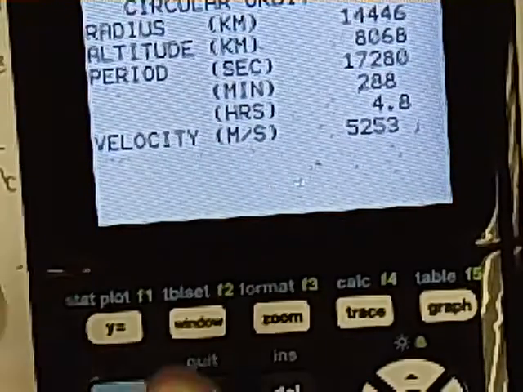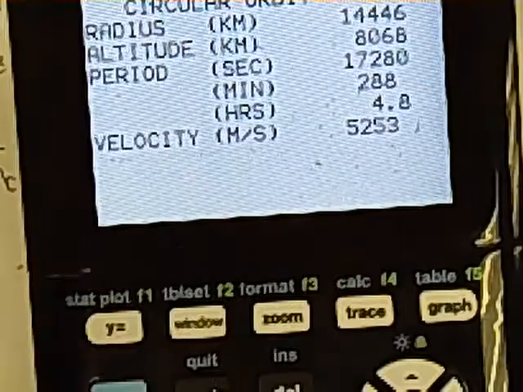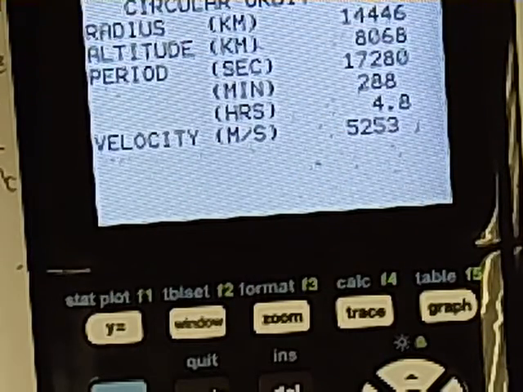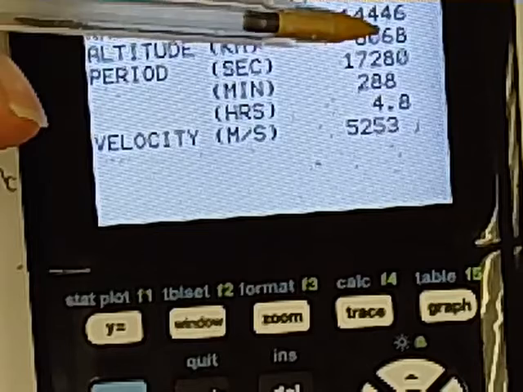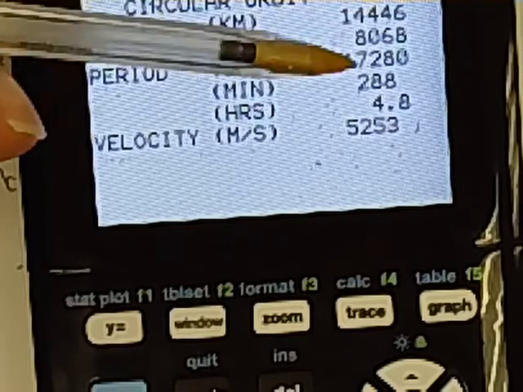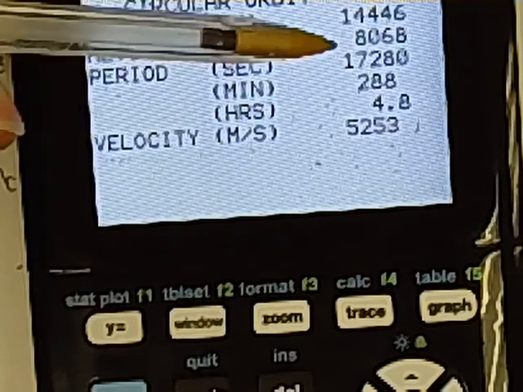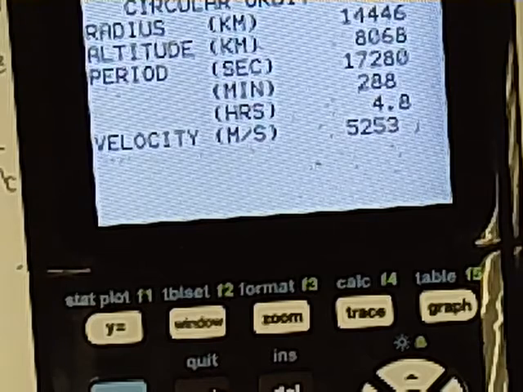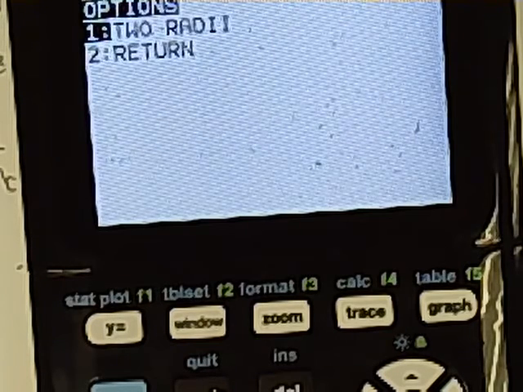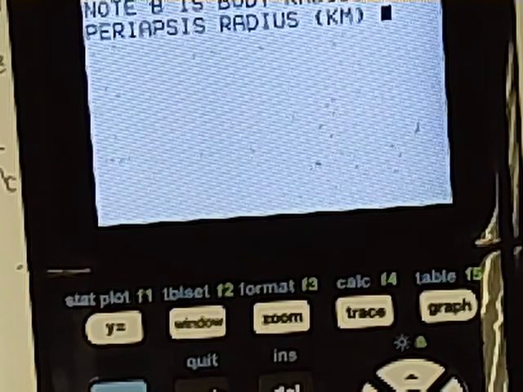By the way, if your answer is off in the last digit, that's insignificant. So if you said it's 8,067 or 9 kilometers, the fourth digit and beyond is not significant. I'm now going to do the Hohmann transfer and put in the two radii.